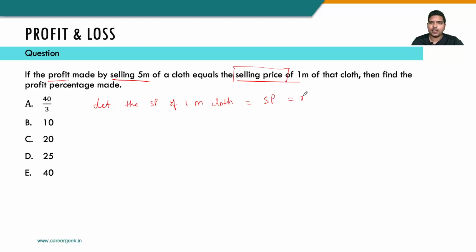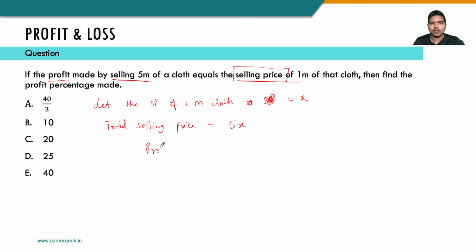Let us take X only. So what will be the total selling price? Because 5 meters were sold, total selling price will be 5 times X, because the selling price of 1 meter is X, so the total selling price of 5 meters is 5X.